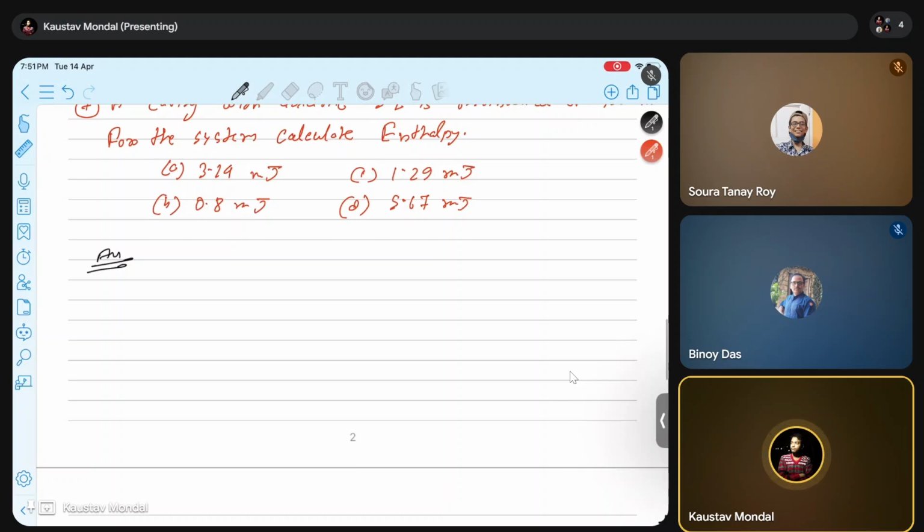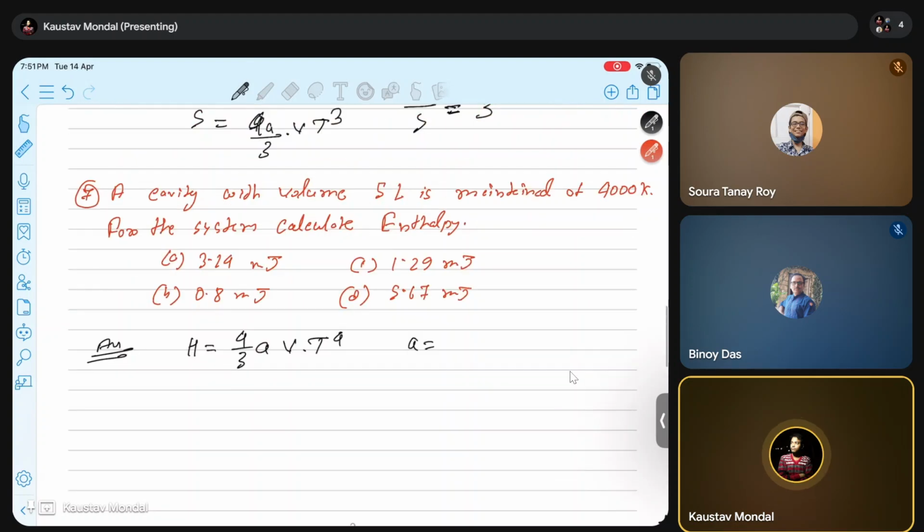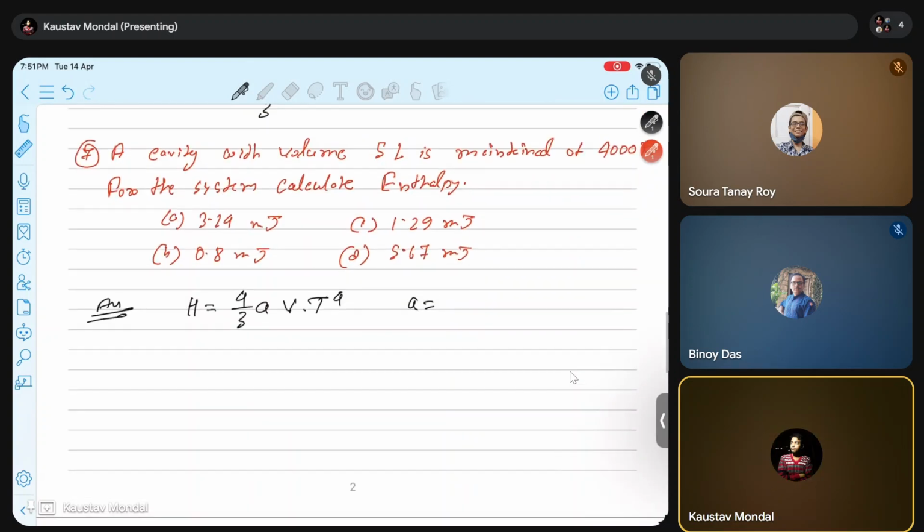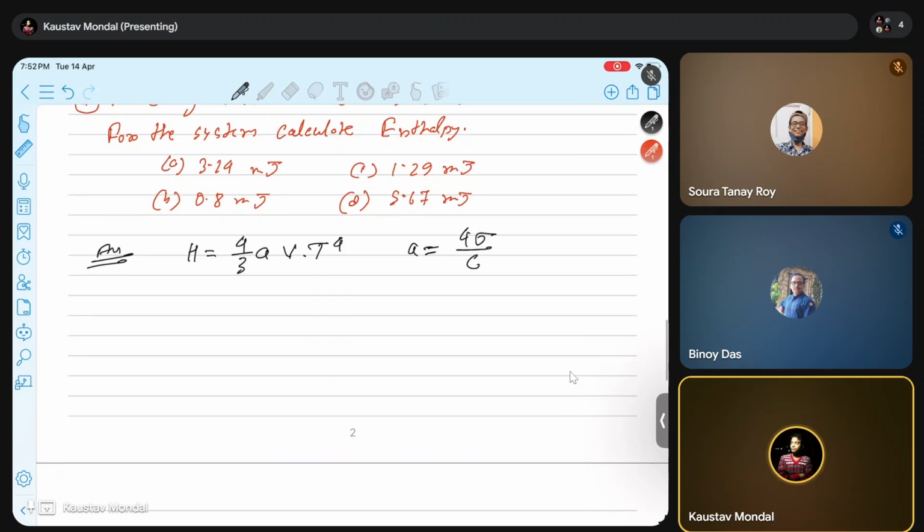So to calculate the enthalpy, the expression is H equal to 4 by 3 A into V into T to the power 4, where A is 4 sigma by C. Sigma is the Boltzmann constant, its value we know.